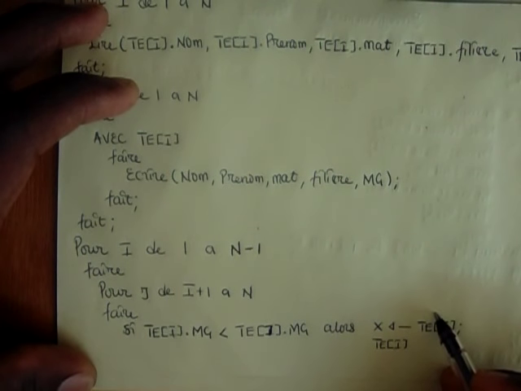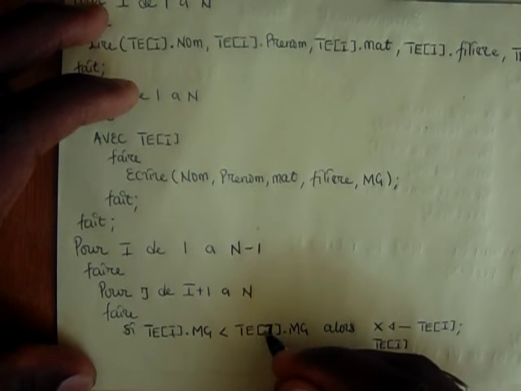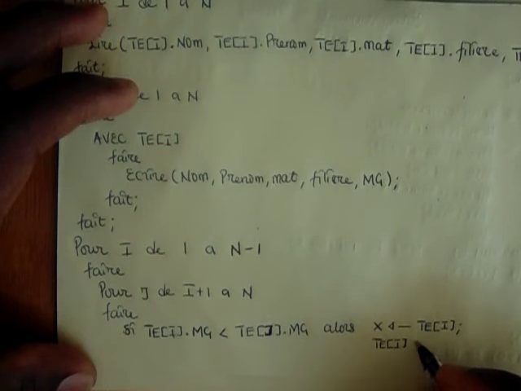If here was 17 and TE of J had 20, we'll take TE of I, which is 17, and hold it in X, then we'll collect the 20.